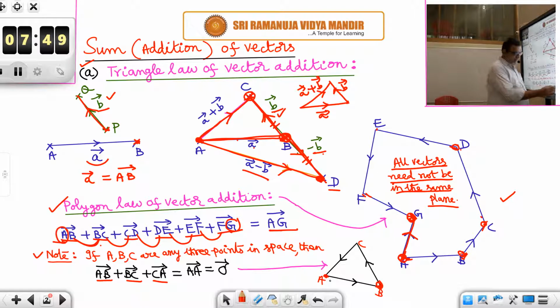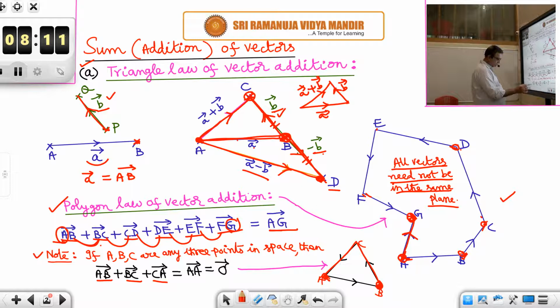Suppose a man is standing at A, he has gone to the place B. Then AB bar is the displacement. Then BC bar, then CA bar. AB plus BC plus CA. Finally, where is he? At the starting point only. Therefore, it is 0 bar.